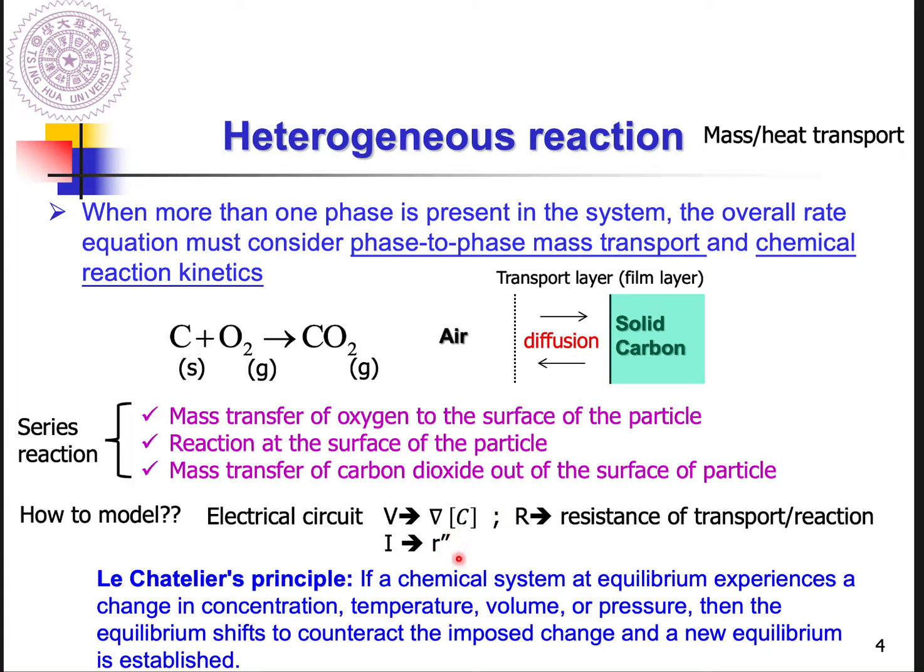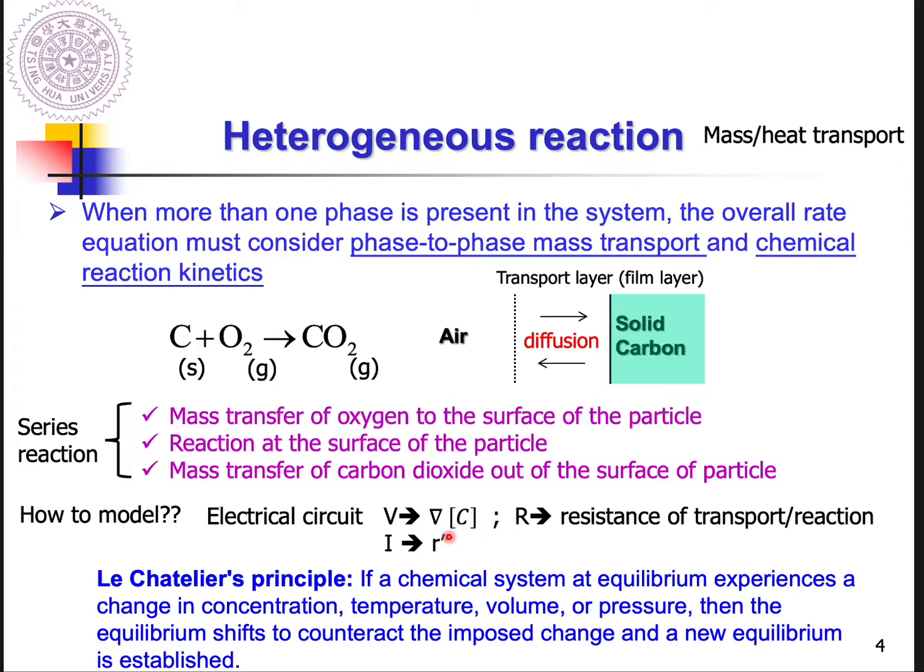So this double prime is the flux, and if you check the definition from lecture 6, it means the consumption rate of reactants per interfacial area, because the reaction region in this case is actually a surface of the solid carbon, or the interfacial surface of the solid carbon.